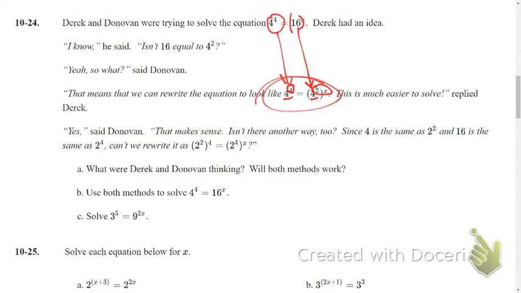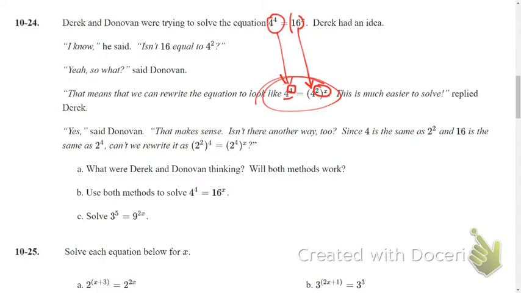Okay, this is certainly true. It has to be true, because if we're saying 4 to the 4th is equal to 4 to the 2x, well, we're saying 2x has to be the same as 4, because these two are equal to each other, right? And so if we say 2x equals 4, it's super easy to solve.